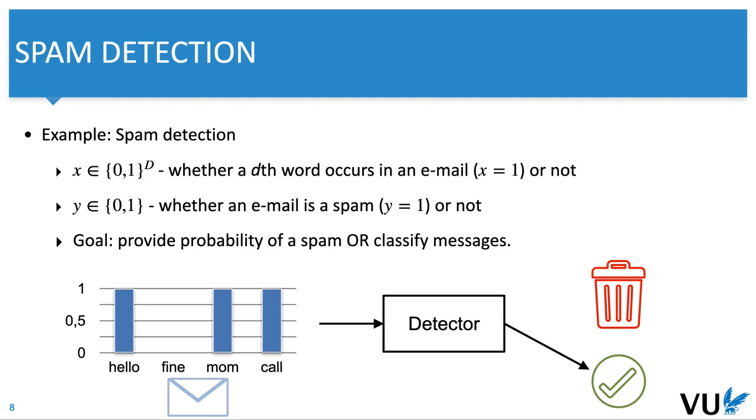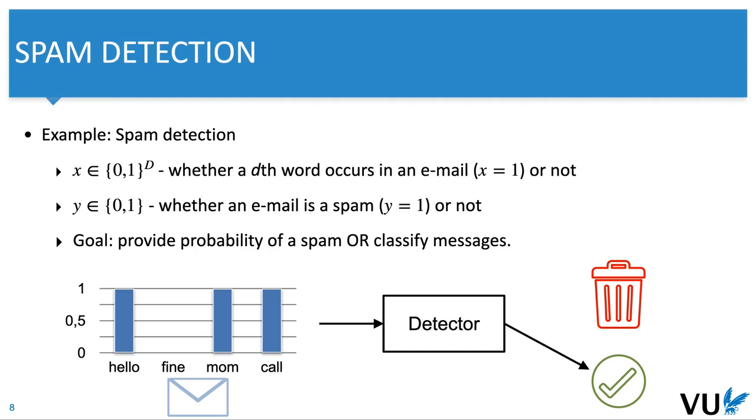And if an email contains these words, then we assign 1. And our output is whether an email is a spam, then it's 1 and it should be deleted, or not, then it's 0. Our goal here is to provide probabilities of spam, or just to classify messages. These are more or less equivalent.